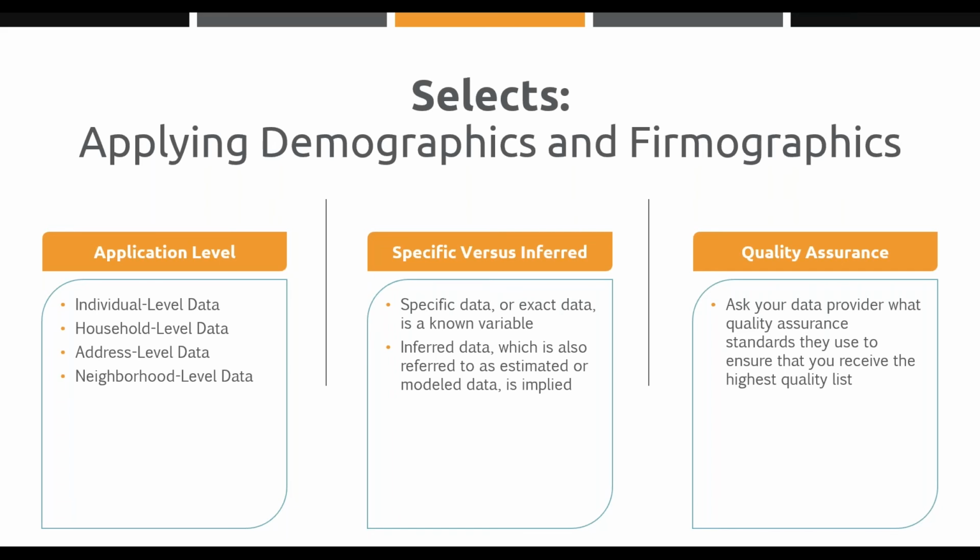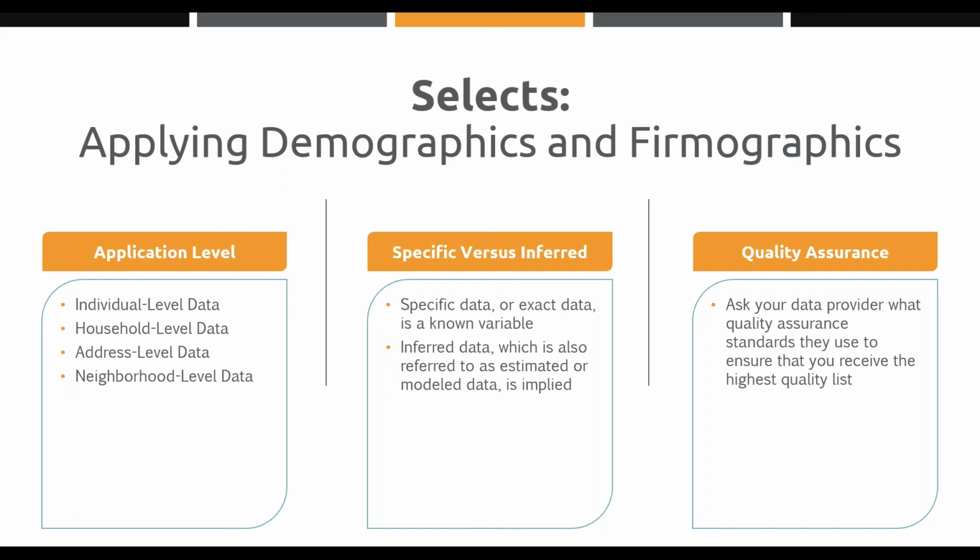So it's going to be aggregated, but it's looking at a group of homes, not specific to that individual. I mean, it could be specific to the household, but it's going to be averaged out for a neighborhood. So think of birds of a feather flocking together. That's going to be your neighborhood level information. And the best example for that really is your census level data.